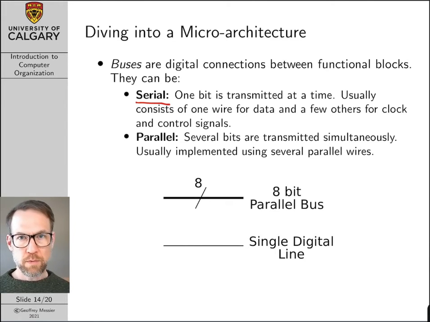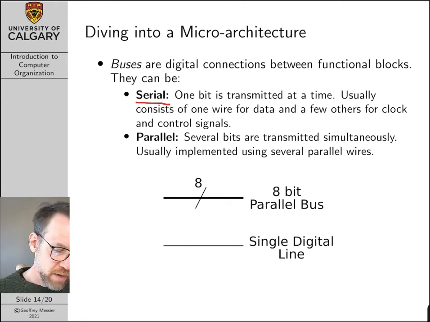Now, often people will think of a serial bus as consisting of just a single wire, but usually there are other wires in parallel with that wire that help carry things like clock or control signals. Most serial buses will consist of a single wire for carrying serial data, plus another wire perhaps for a clock, plus maybe one or two more wires for control information.